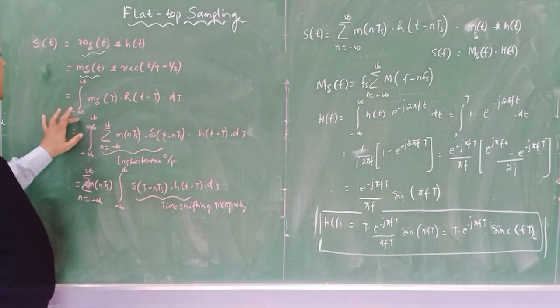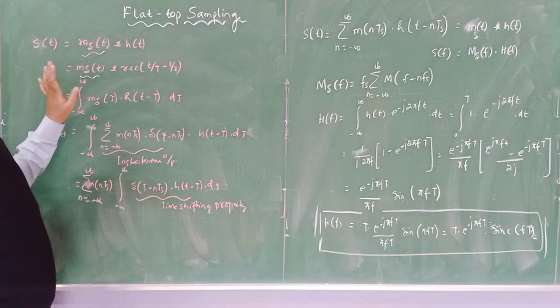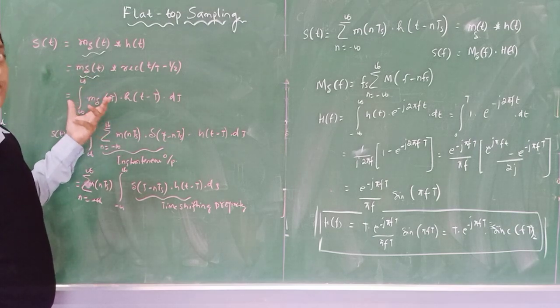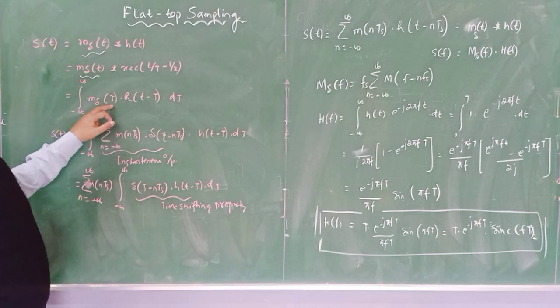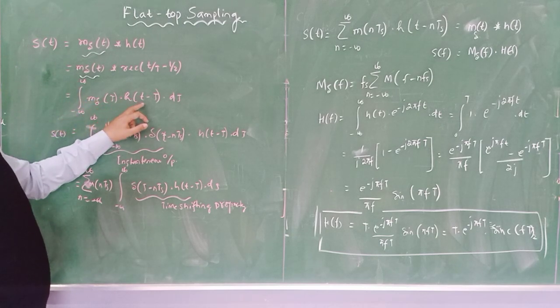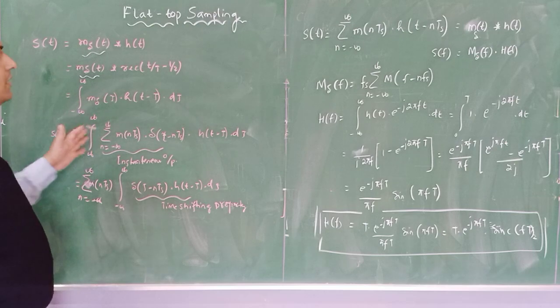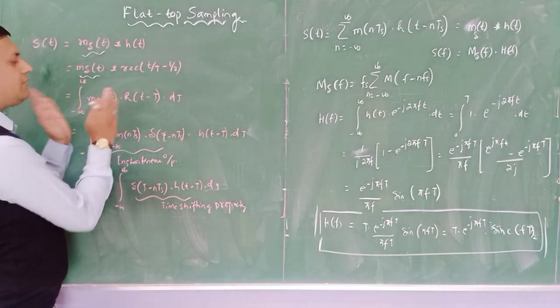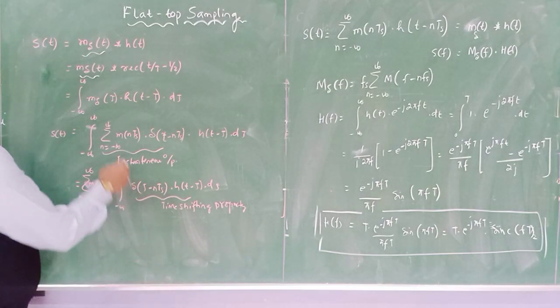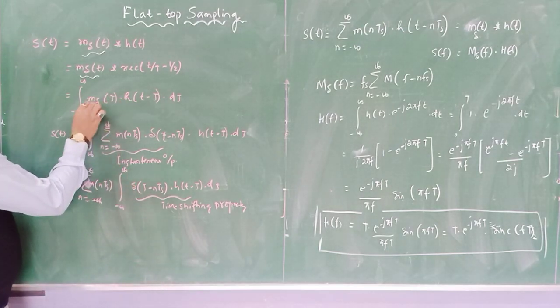So it is the integral of m delta of tau times h of t minus tau d tau. Whatever we have obtained with respect to the rectangular function, we need to substitute here.